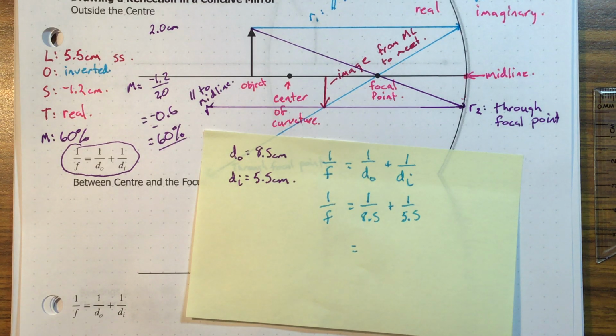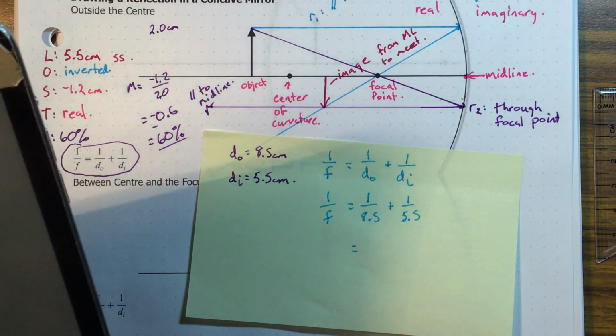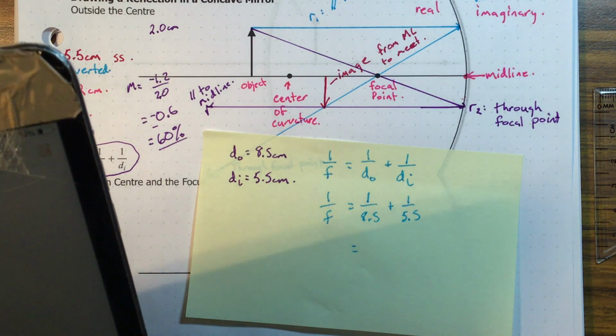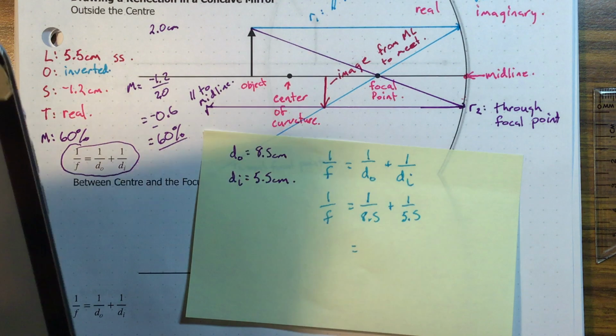I'm going to get my good calculator out here. So I'm going to do 1 divided by 8.5 plus 1 divided by 5.5 equals.